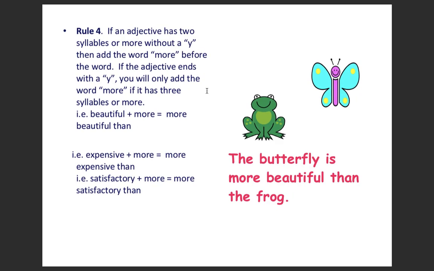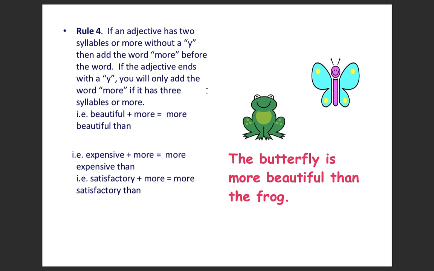Rule number 4. If an adjective has two syllables or more, which is without Y, then add the word more before the word. Next, if the adjective ends with a Y, you will only add the word more if it has 3 syllables or more.